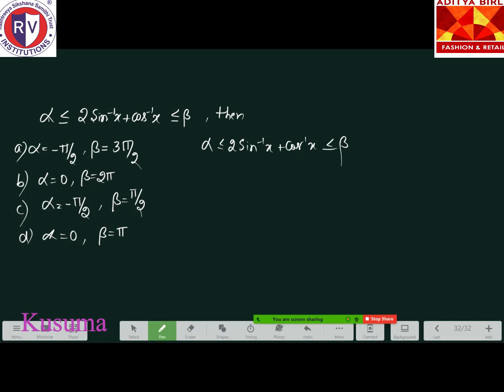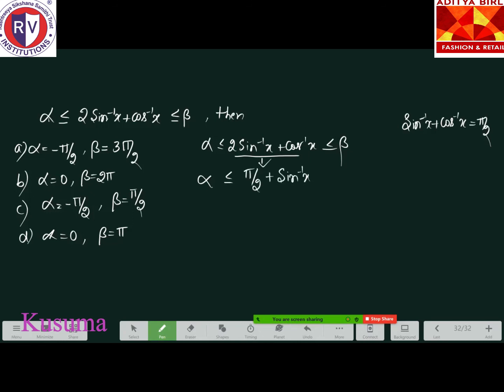Okay. So we have sine inverse of x plus cos inverse of x is equal to pi by 2. So the value of it will be pi by 2. So I can write this as alpha less than or equal to pi by 2 plus sine inverse x.